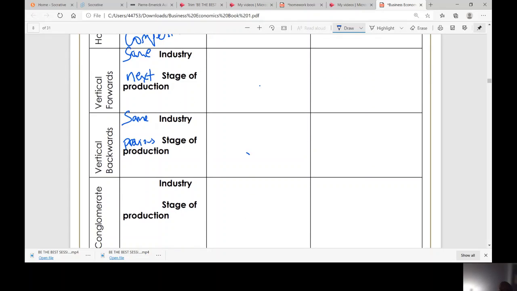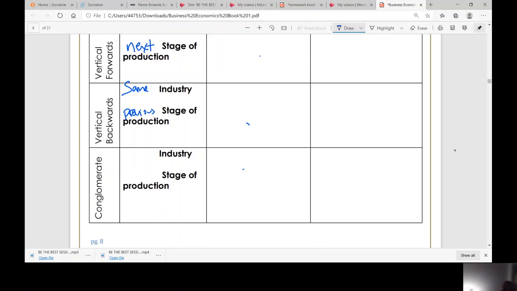In terms of the last one, conglomerate, it's a different firm. It's going to put diff here, but you could write a different, and at any stage of production. So if you're buying a firm in a different industry, it doesn't matter if they're also a producer. So it could be that Tata Steel, that manufactures cars, buys a food manufacturer.